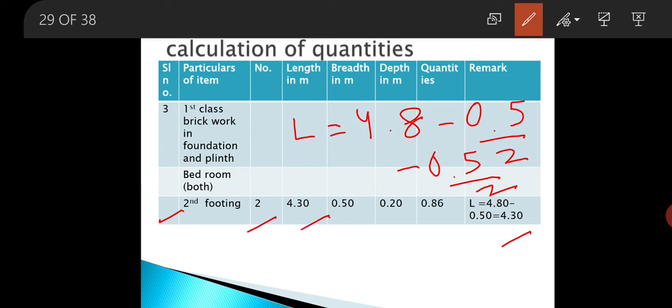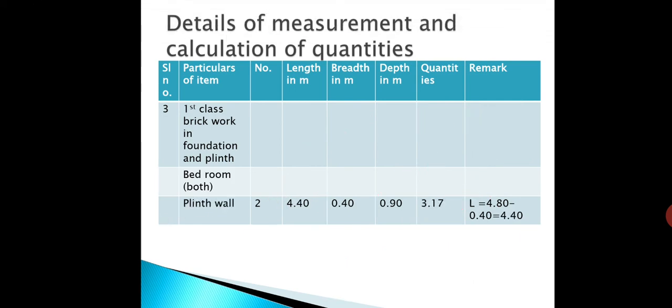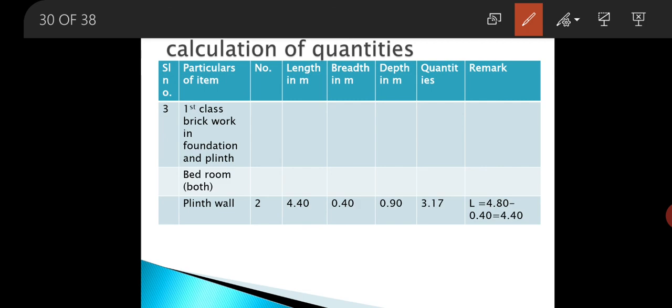Number of short wall is 2. And the breadth of the second footing is, as you know, 0.5 and depth is 0.2. So put here the breadth is 0.5 and depth is 0.2. Then by multiplying these 4, we will get the total quantity of the second footing for the short wall as 0.86 cubic meter. Next, plinth wall. Similarly, for plinth wall, number will be 2.